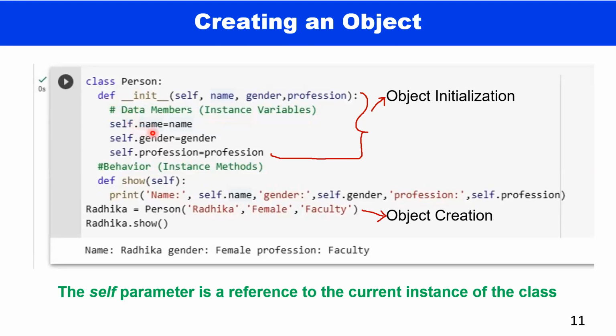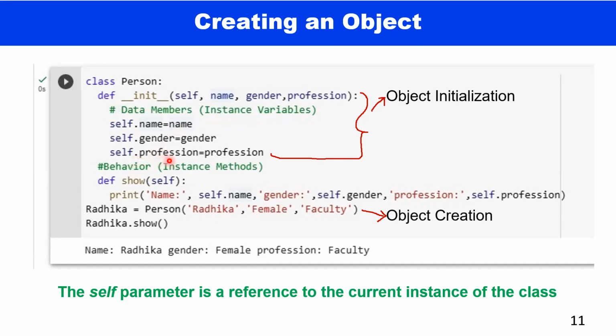Now, how do we initialize the attributes of the object? Here we have to use self.name equal to name. That means the name of the current object has to be initialized with the name that you pass as the parameter when you are initializing the object. Similarly, the gender of the current object will be initialized with the value that you pass.